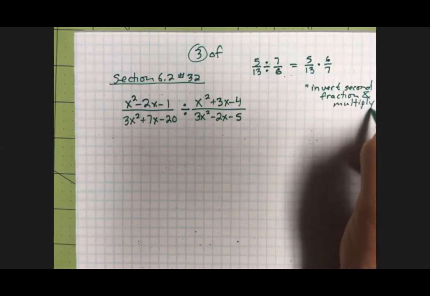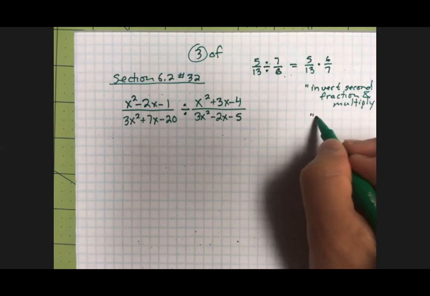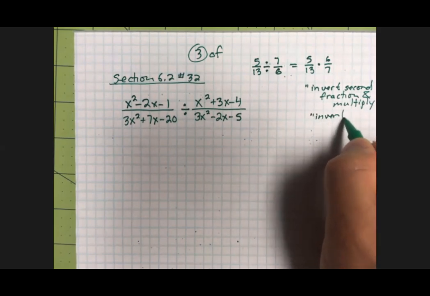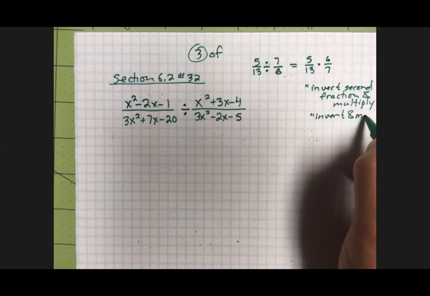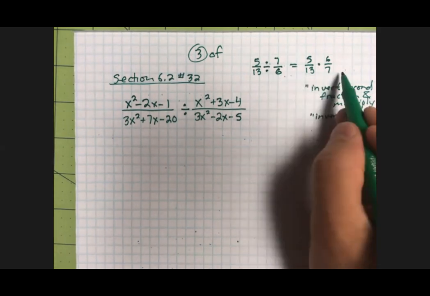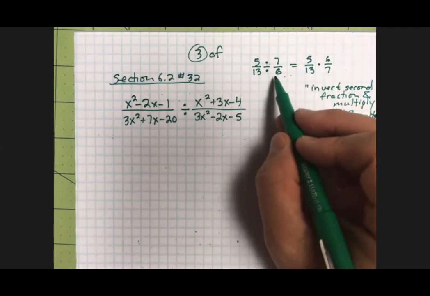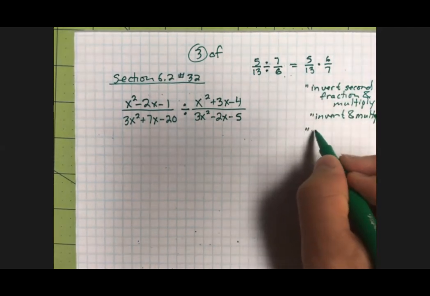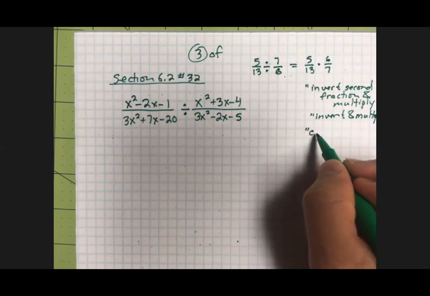Now the problem is most people just shorten that to invert and multiply. I mean, that's the way I say it. And the problem is you got to make sure you invert the right one. You invert the second one. There's another phrase, slang that people use. Do you know it?